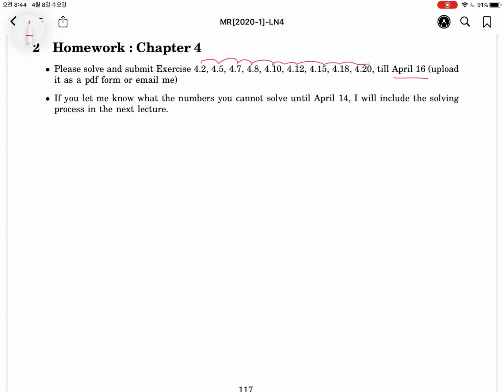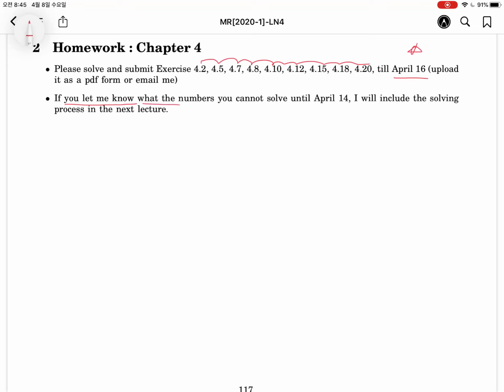Upload it as a PDF or email me. The due date is given, but if you don't have much time to solve the exercises by then, please email me the PDF file as your homework. After the due date, I will still allow it.